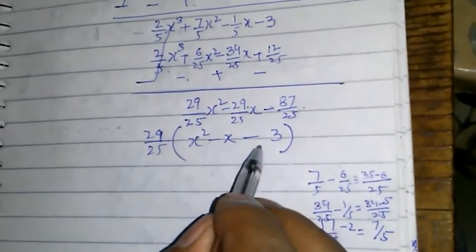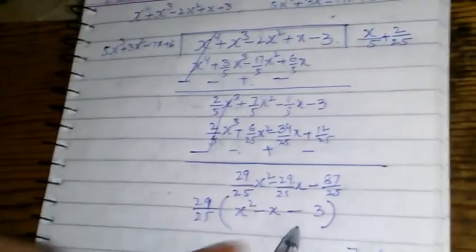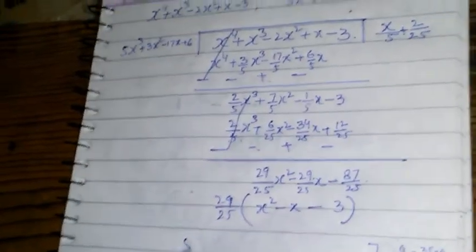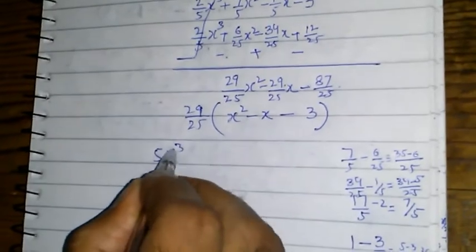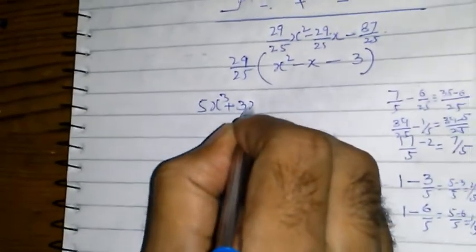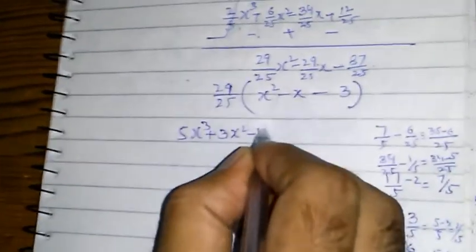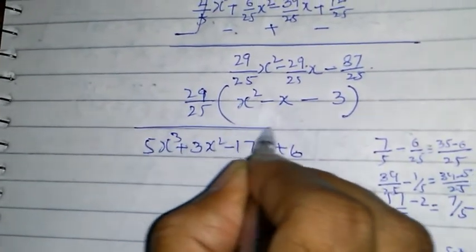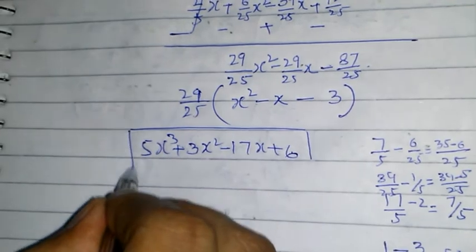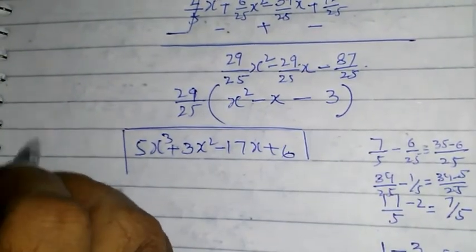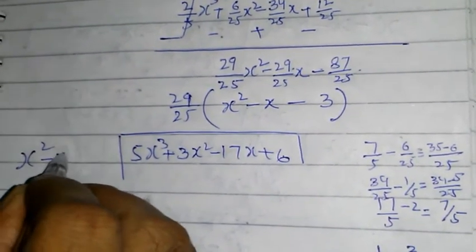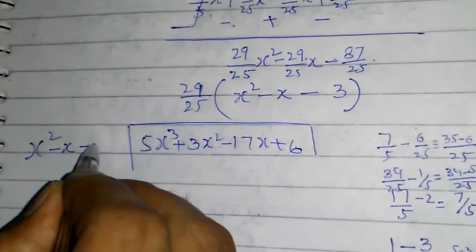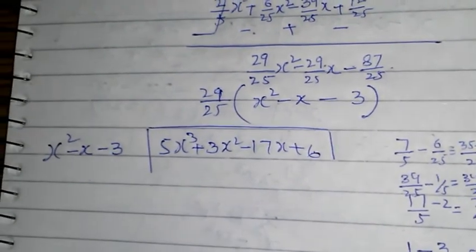Now we divide the second expression with this. So we write it as 5x cube plus 3x square minus 17x plus 6, and divide it with x square minus x minus 3.